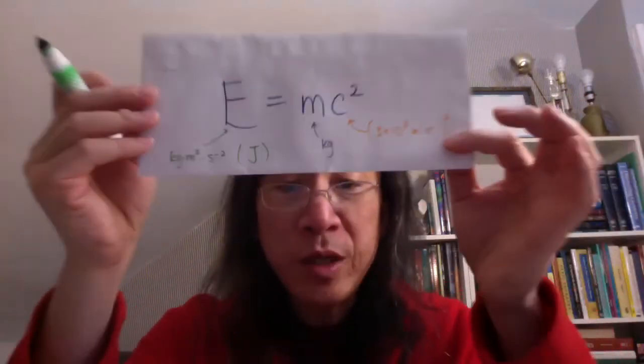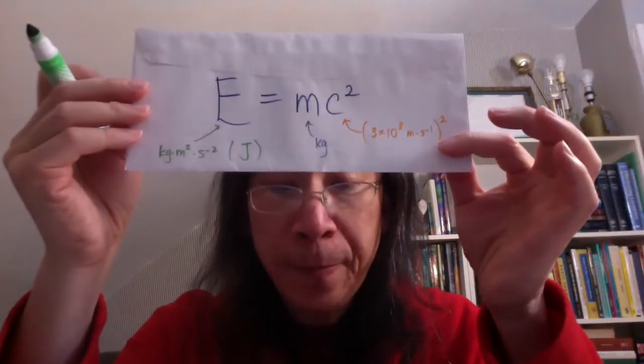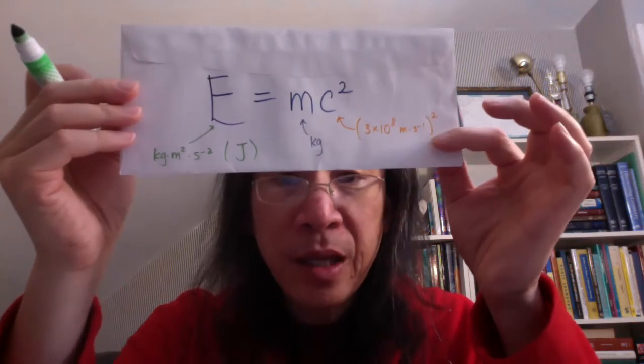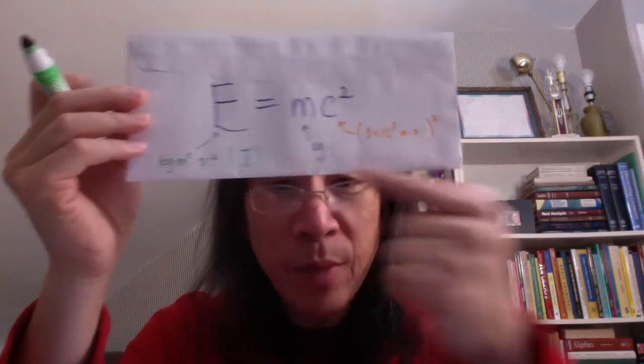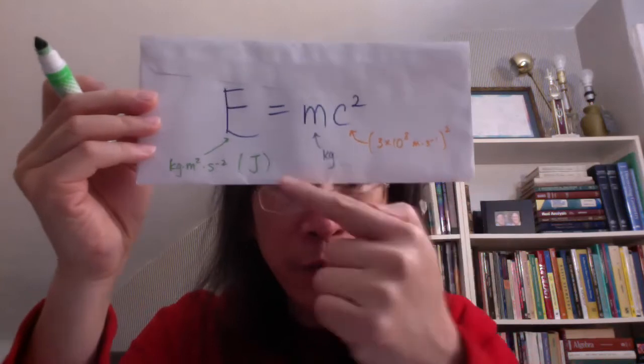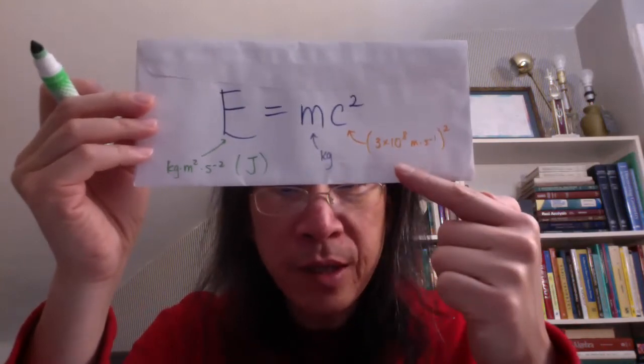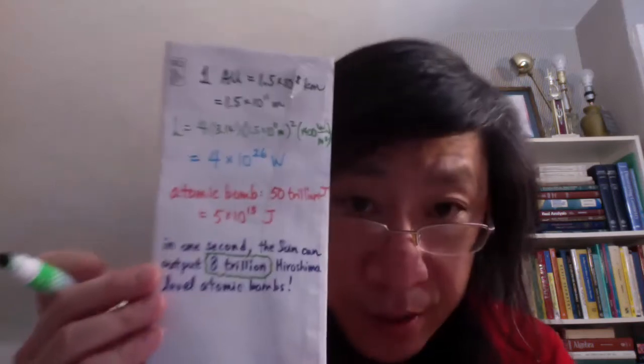So this is a really interesting equation, because think about this. Let's do an example: how much energy do you get from converting a certain amount of stuff? Remember earlier, we were talking about the atomic bomb at Hiroshima. Remember that the sun produces trillions of atomic bombs worth of energy every second.